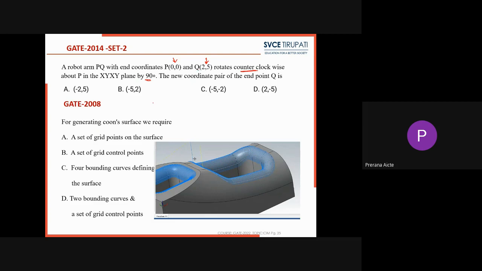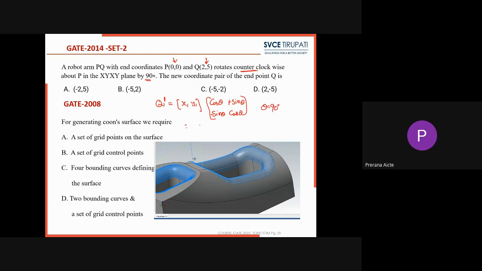How do we find the new coordinates? For Q, the new coordinates are nothing but Q dash, which equals [x1 y1] times the matrix [cos theta, minus sin theta; sin theta, cos theta]. Here theta is given as 90 degrees.